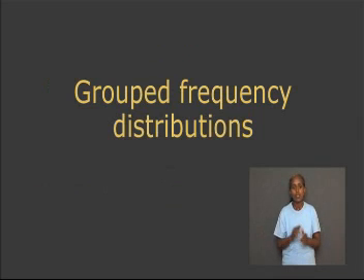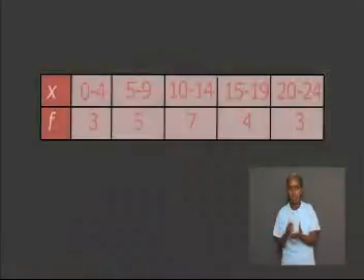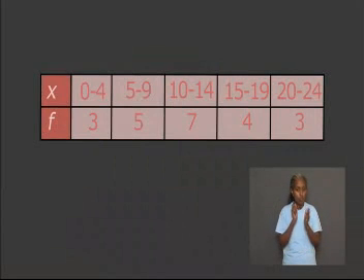For grouped frequency distributions, we do not use individual data values. Rather, the values are presented in classes. For example, our data table would show a range of values instead of one value.